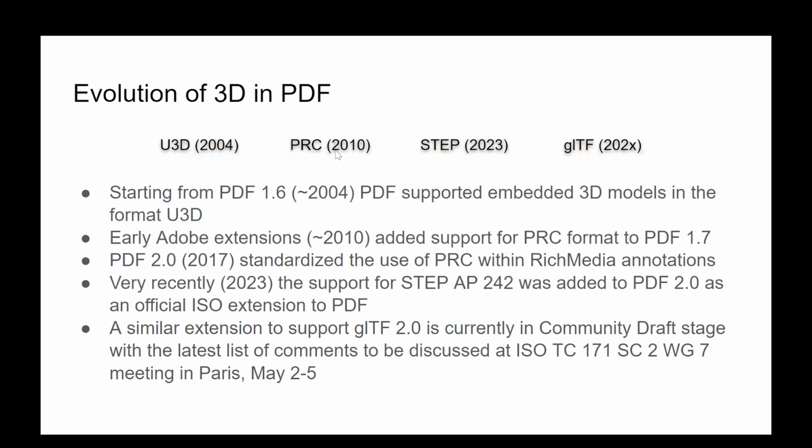Then followed PRC, a specification designed mostly to model 3D inside PDF, which appeared shortly after the publication of the PDF 1.7 standard. Then, very recently, there is an extension to PDF 2.0 that specifies how to use STEP inside PDF, and I think that's a great move forward, especially for manufacturing.